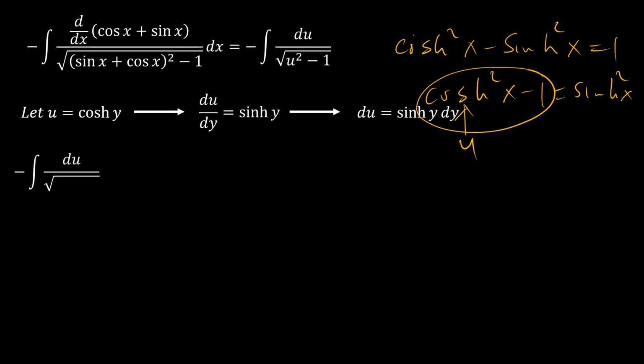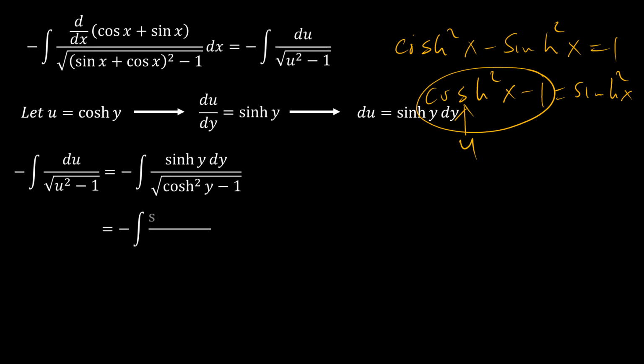And so we can substitute du with sinh y dy. So negative of 1 over the square root of u squared minus 1 is equal to negative of sinh y over the square root of cosh squared y minus 1, where the denominator now becomes sinh y. And so the numerator and denominator can cancel away. And so we have the negative integral of 1.